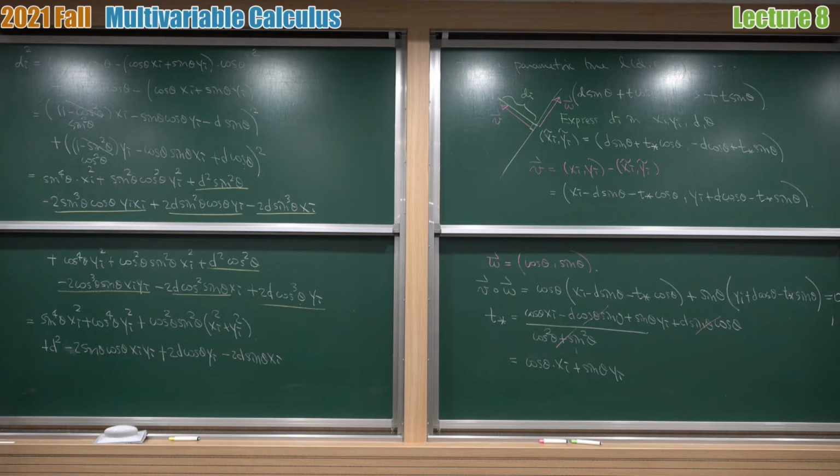Can I simplify more? Well, it's not necessary to simplify more. It's just making a simpler formula just to be nice. I think this is as far as I can go.